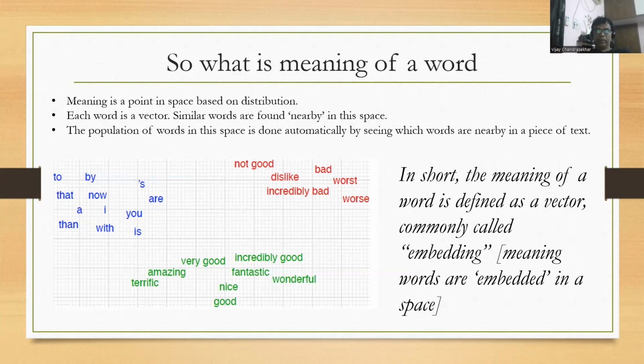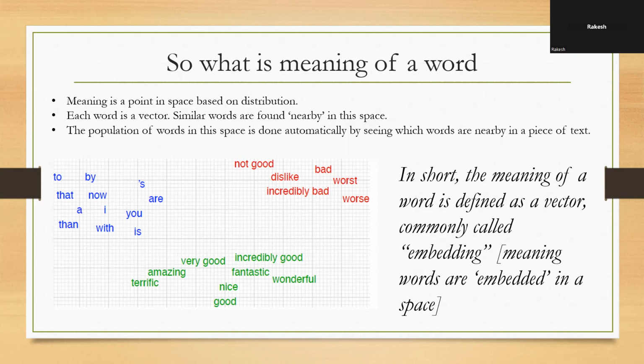So here's a good example. This is a space, a 2D space. Forget how we get here. How we put these words in this 2D space is one thing. But when you look at these words in this 2D space, what do you feel? Just go through the words and tell me what sense you're getting when these words are populated in this 2D space.